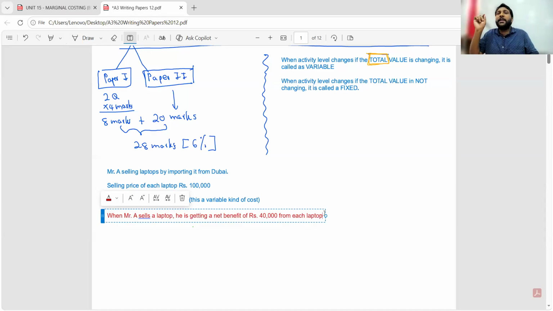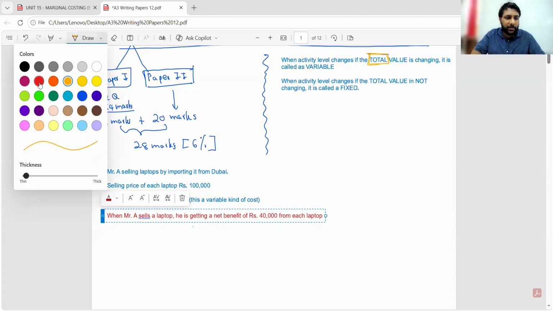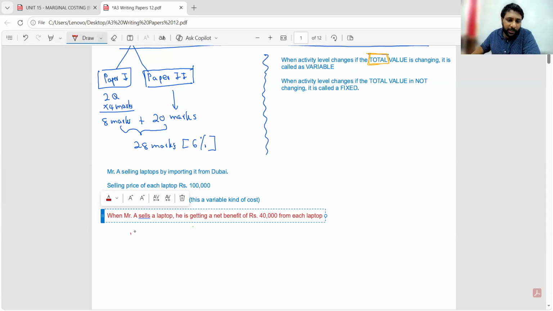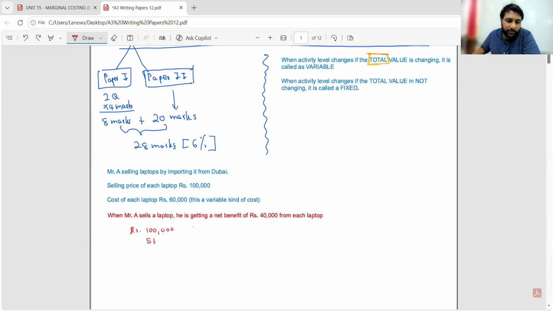So for this 40,000 net benefit that he is getting from each laptop, we are giving a special name. What is that? Listen carefully. In this story, rupees 100,000 is the selling price per unit.